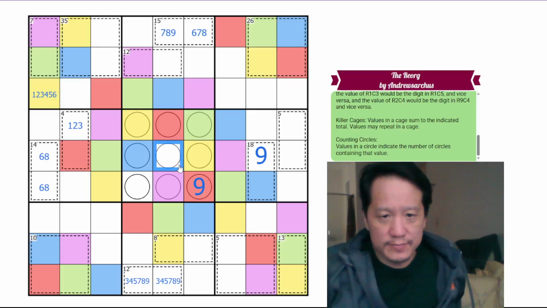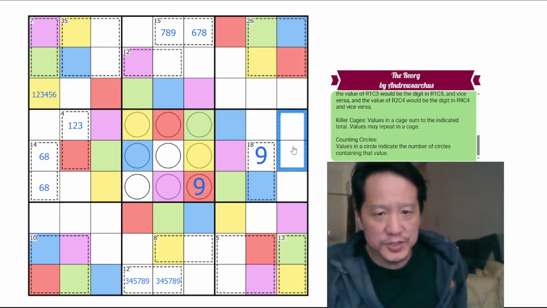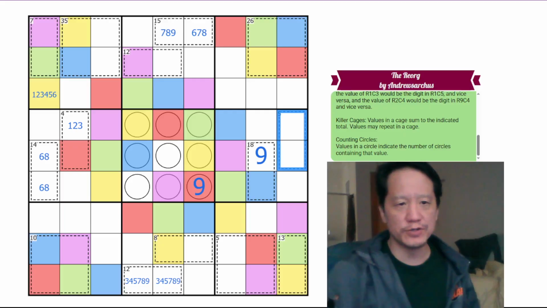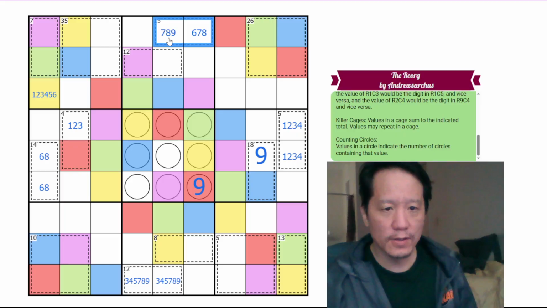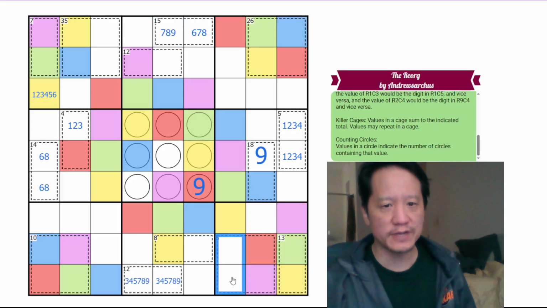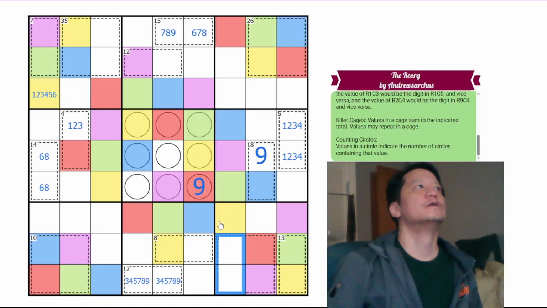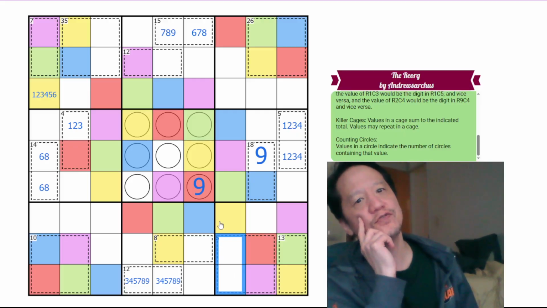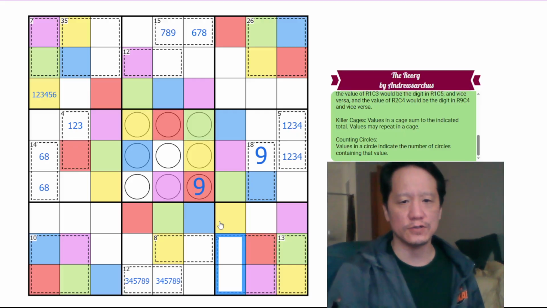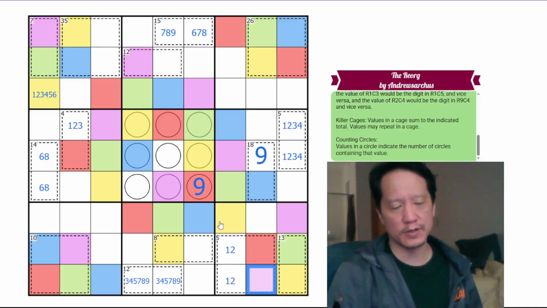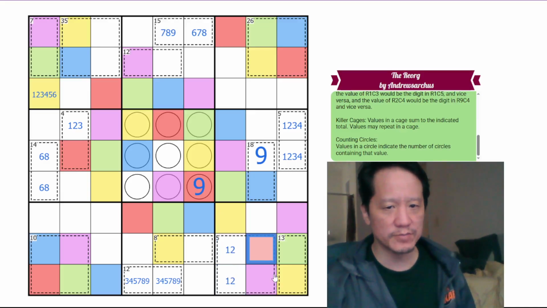This is not swapped, so this is 1 through 4. Right, we're looking at all the cells that have to be not swapped. So the values cannot be 3. So this has to be 1 and 2. So this is 1 and 2 as a pair. And that means this must have a value of 1 and 1.